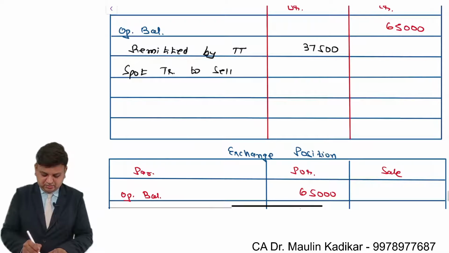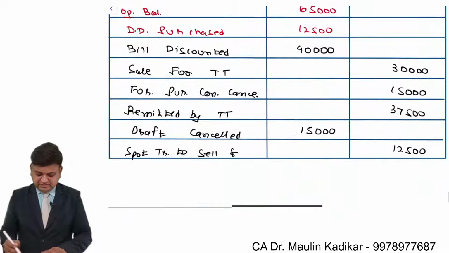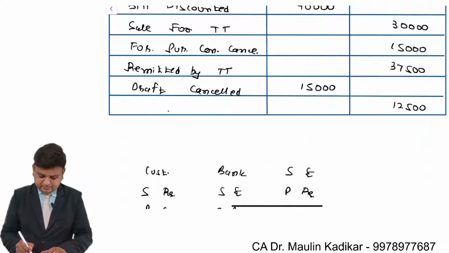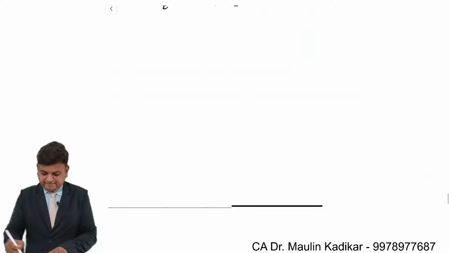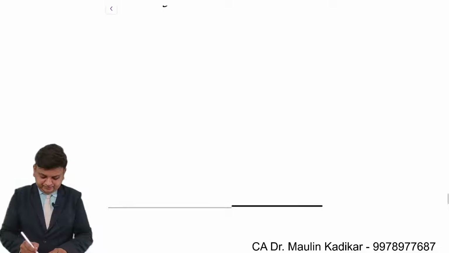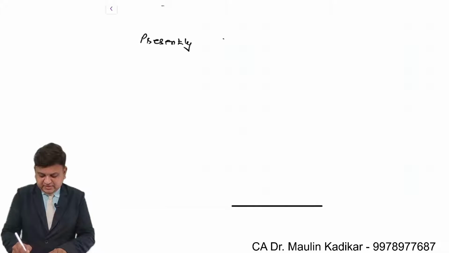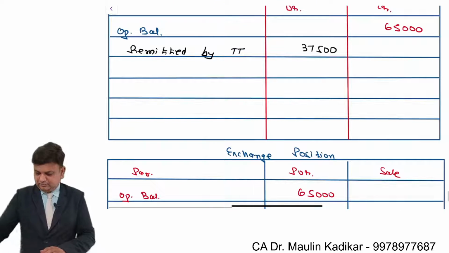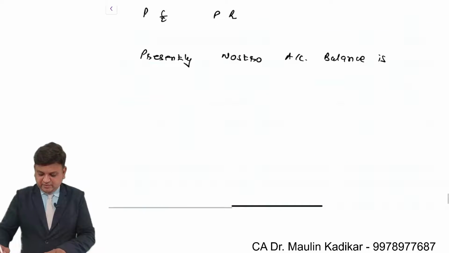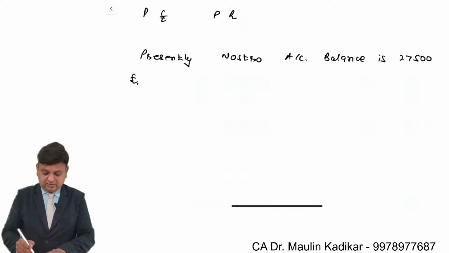Sorry, we are required to mention it separately. With paragraph write down, presently Nostro account balance is 27,500 pound, comma.